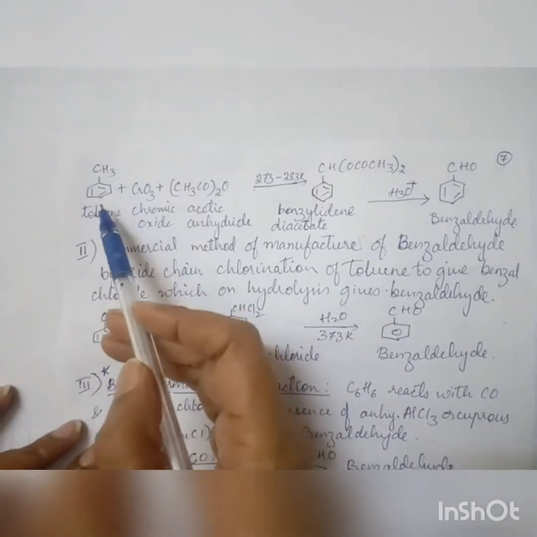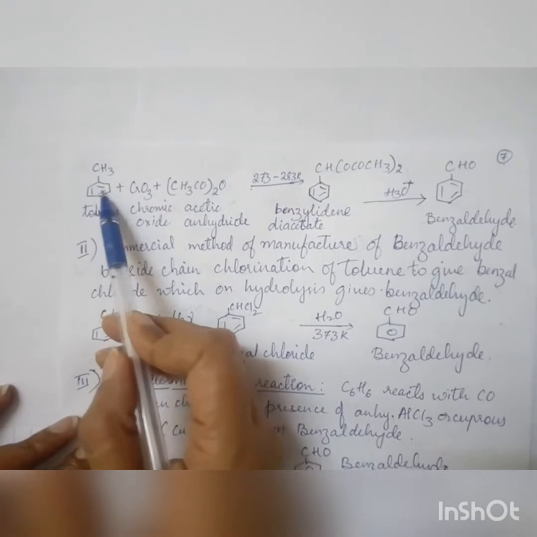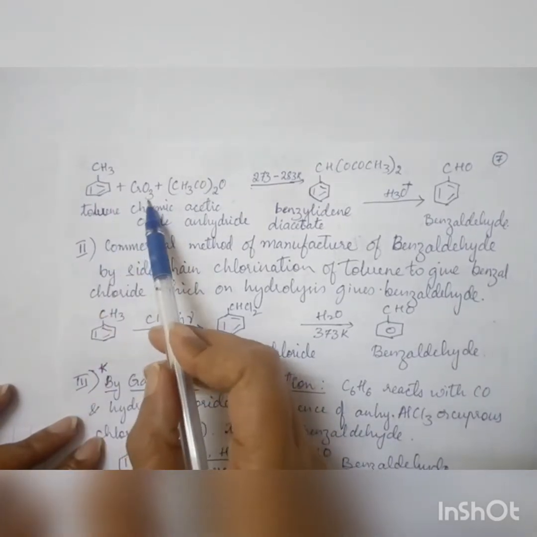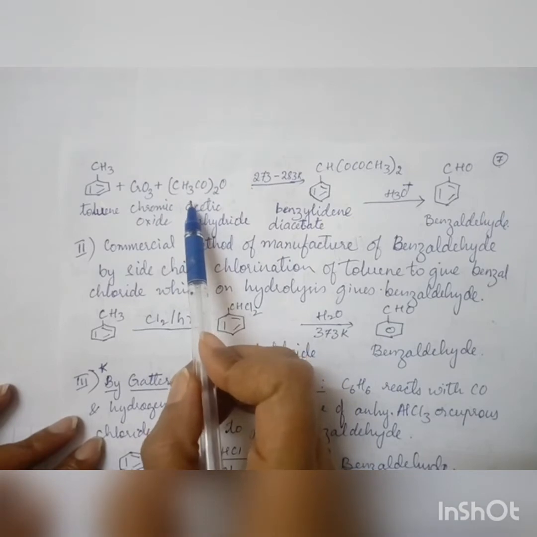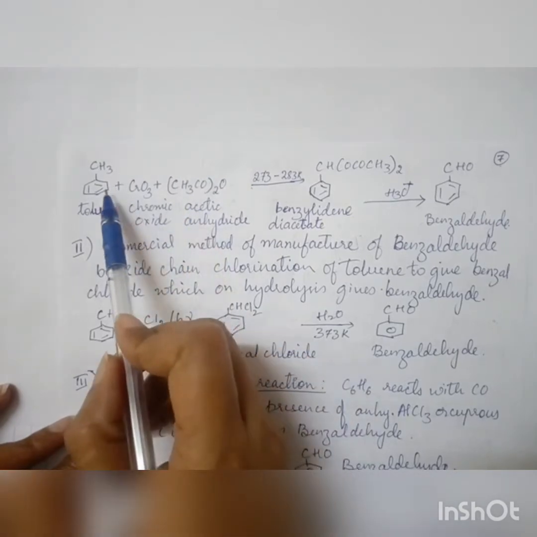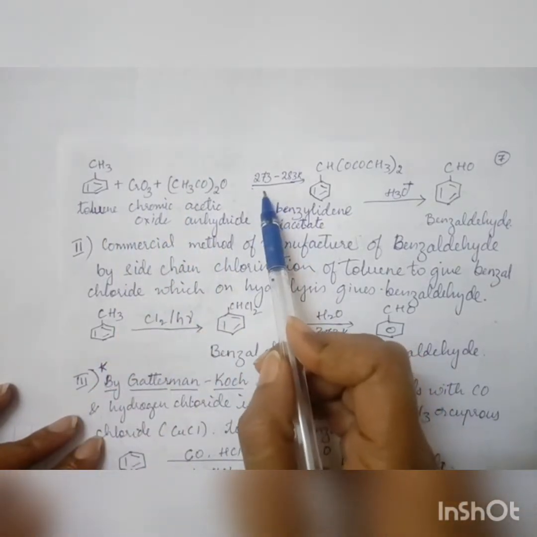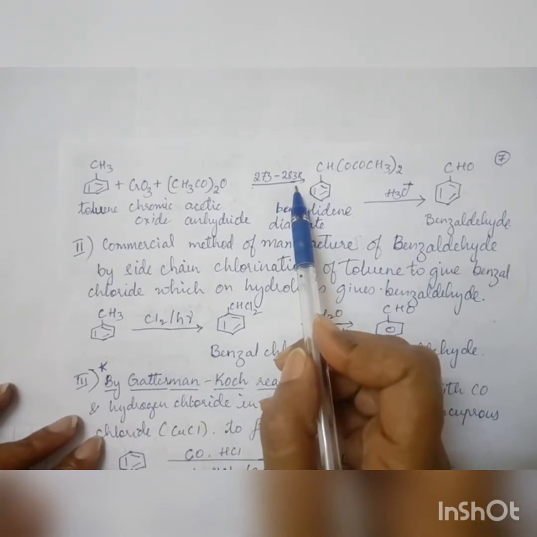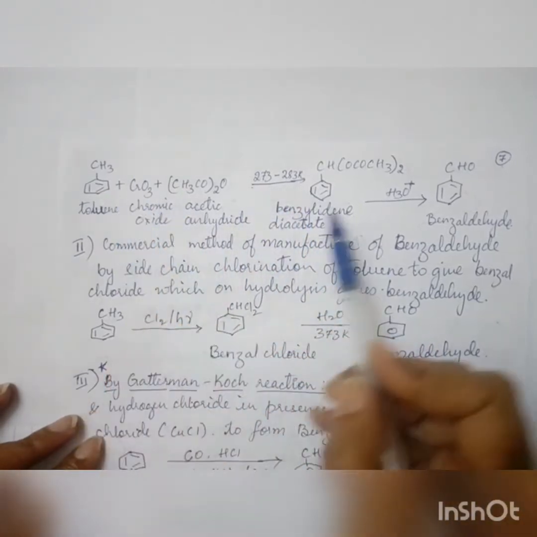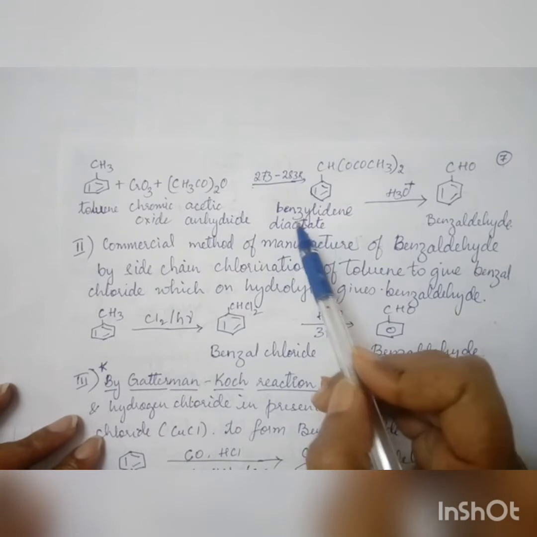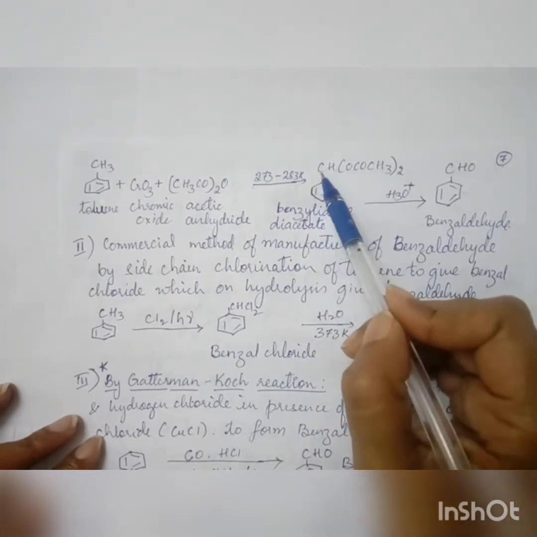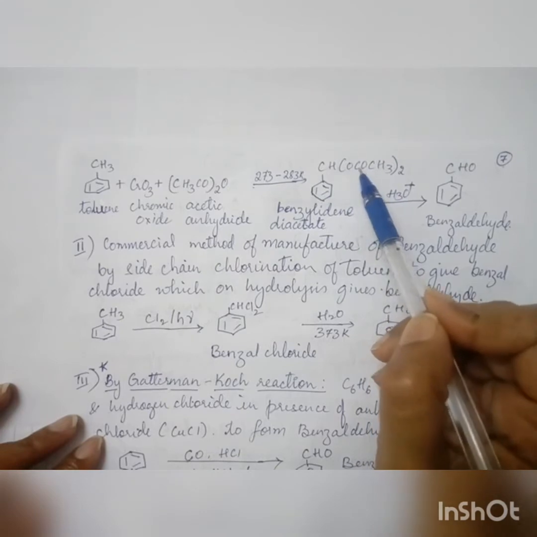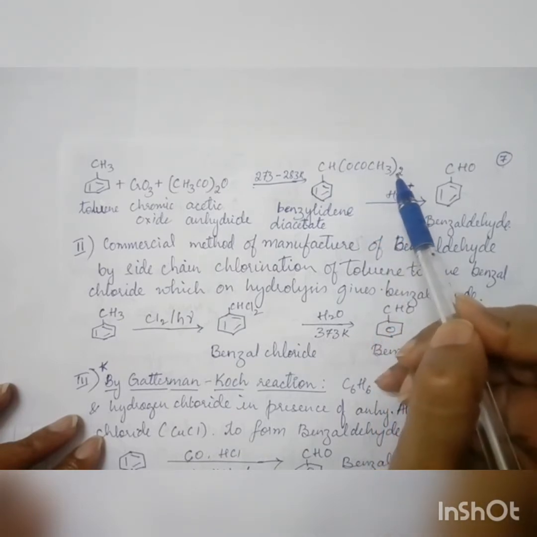Here, this is toluene. When we treat it with chromic oxide in acetic anhydride, this reaction takes place between 273 to 283 Kelvin, and the product obtained here is benzylidene diacetate, that is C6H5CH(OCOCH3)2.